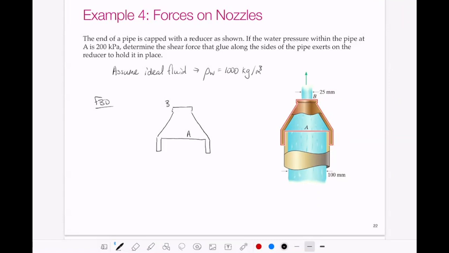So then let's draw some forces acting on our control volume. What are the forces acting on this control volume? Yeah, so we have the glue.